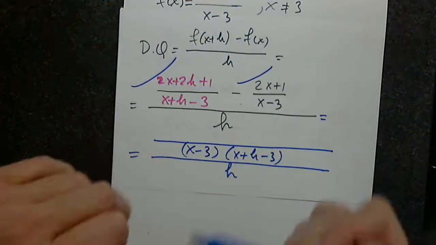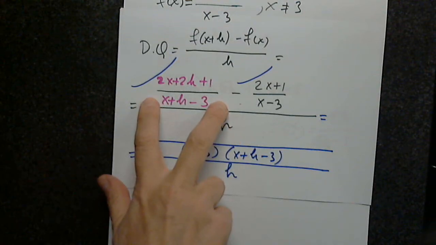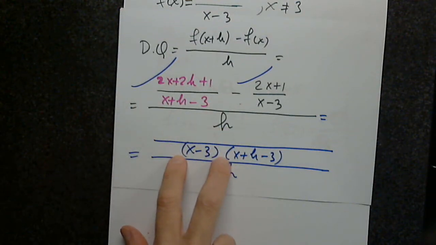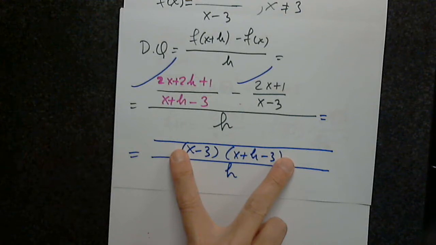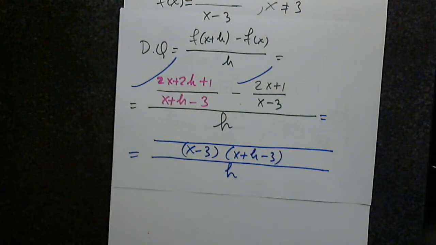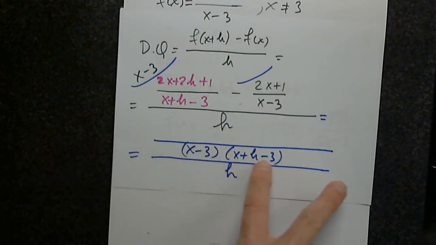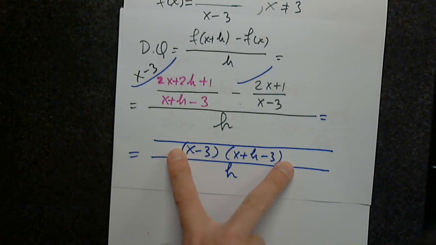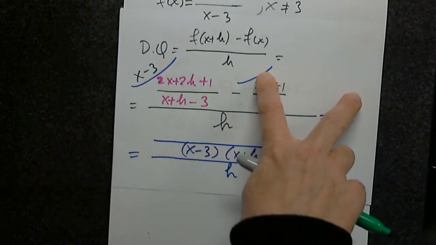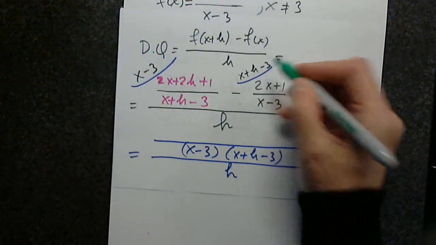So we have to multiply the numerators by appropriate quantities. x + h − 3 was multiplied by x − 3 to get this. What do we have to multiply the numerator by? Excellent. x − 3 was multiplied by x + h − 3 to get this, so we also have to multiply its numerator by x + h − 3. Very good.